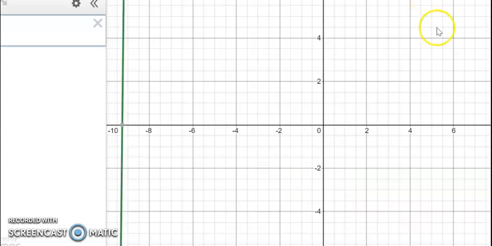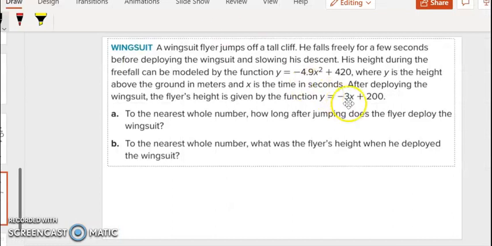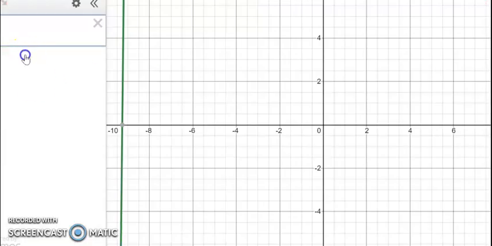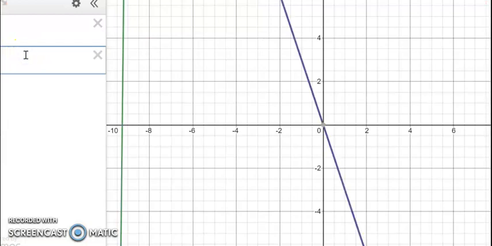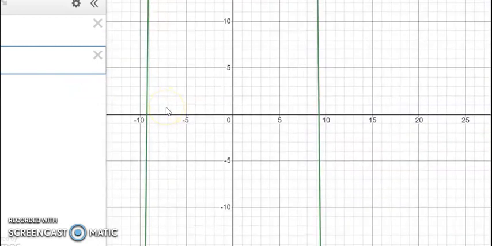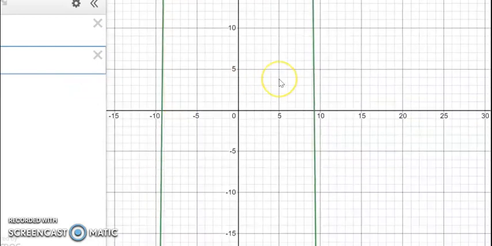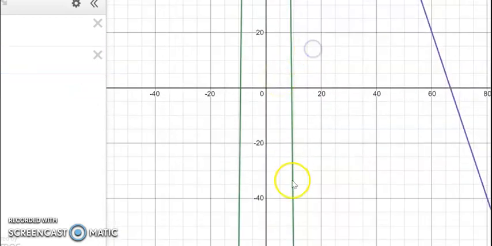Oh, that spread out a lot, didn't it? All right, our other equation is negative 3x plus 200. All right, that one's going to be spread out too. Negative 3x plus 200. Okay, so my graph's going to have to come in a little bit so that I can see it.